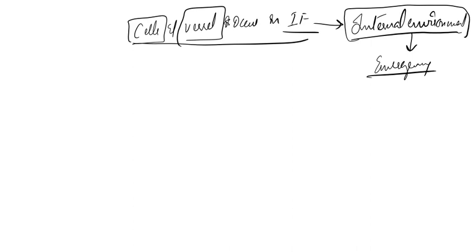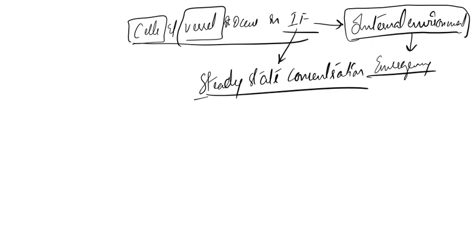Because we can say simply that it maintains a steady state concentration. Now this is an MCQ previously given in 2019 NEET PG, I think. Steady state concentration is maintained by interstitial fluid.